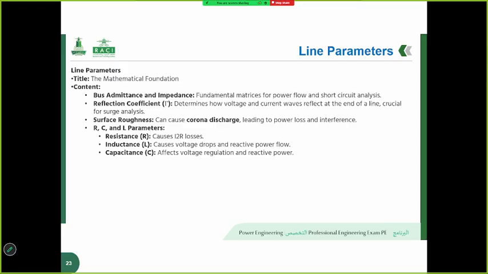This phenomenon, known as corona discharge, is visible as a faint glow and is accompanied by a hissing sound. And there are three primary parameters that model the electrical behavior of a transmission line: resistance, inductance, and capacitance.